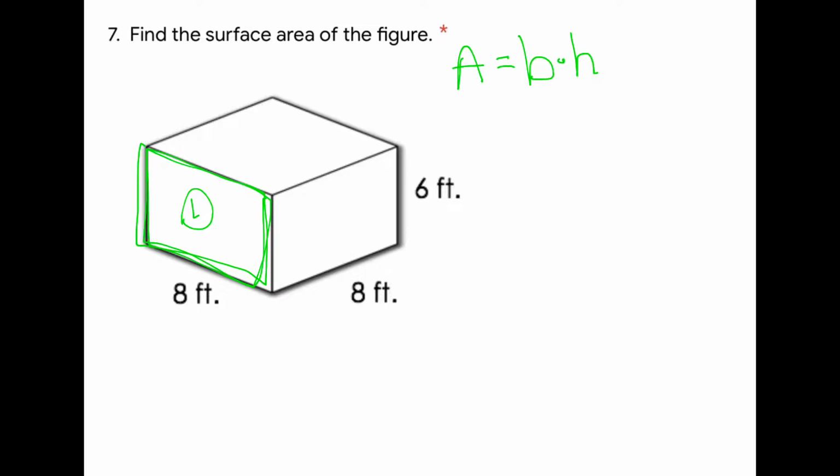Okay, we can figure out what our height is right here by looking over there. After you find that area, we know there's 1 on the other side, so we need to multiply it. Equals your area, multiply it by 2. Okay? That's number 1.